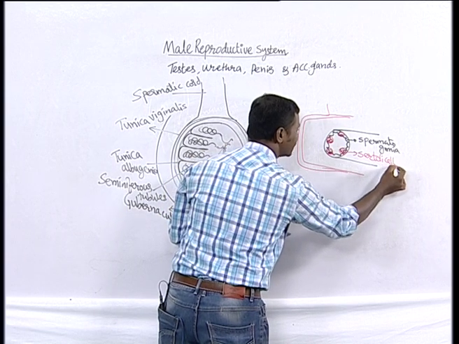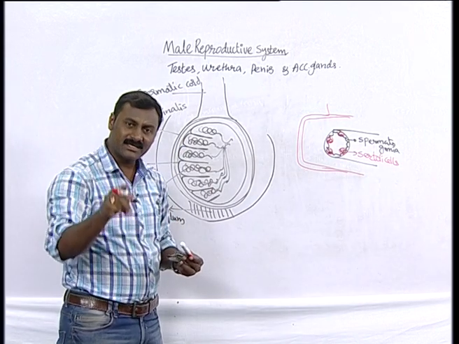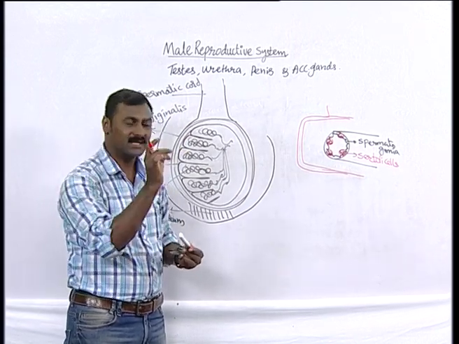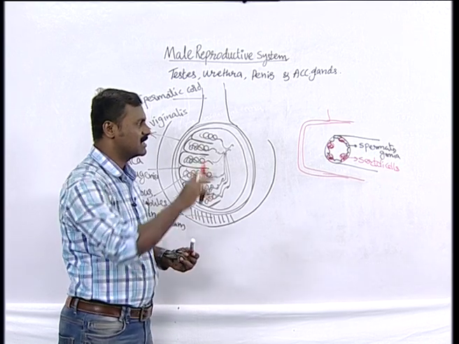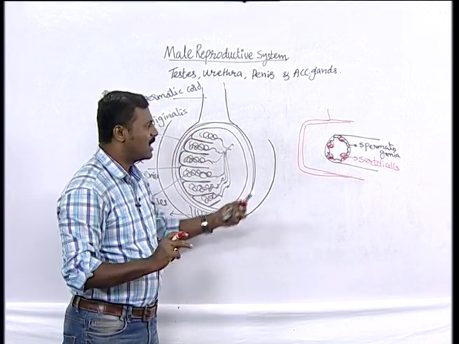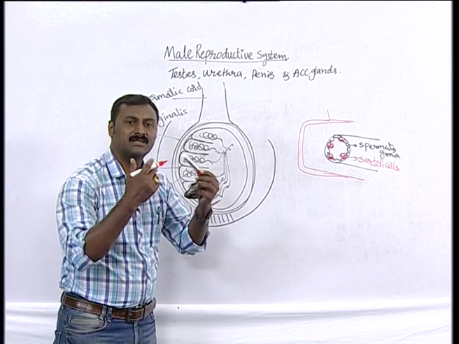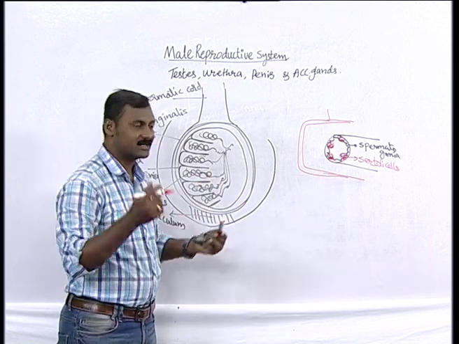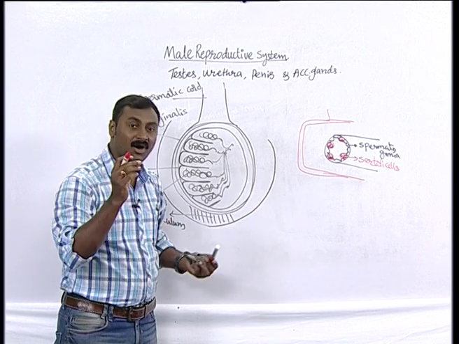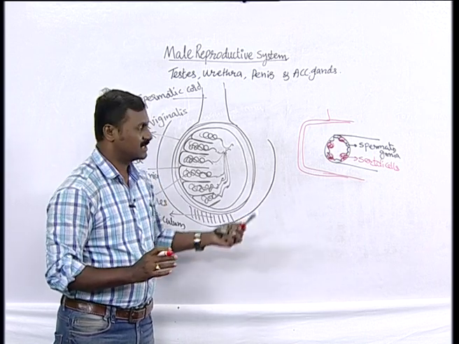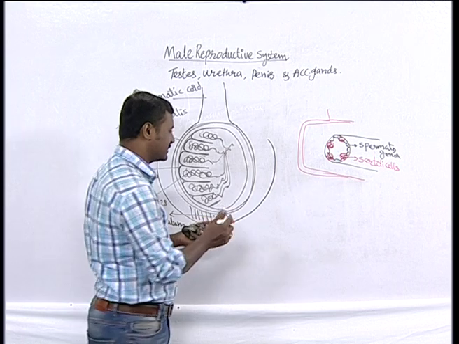So, inside the lining of the tube, you can see two types of cells. One is spermatogonia, another is Sertoli cells. Spermatogonia give birth to sperms. Sertoli cells give nourishment to the sperms. So, the two cells are there.